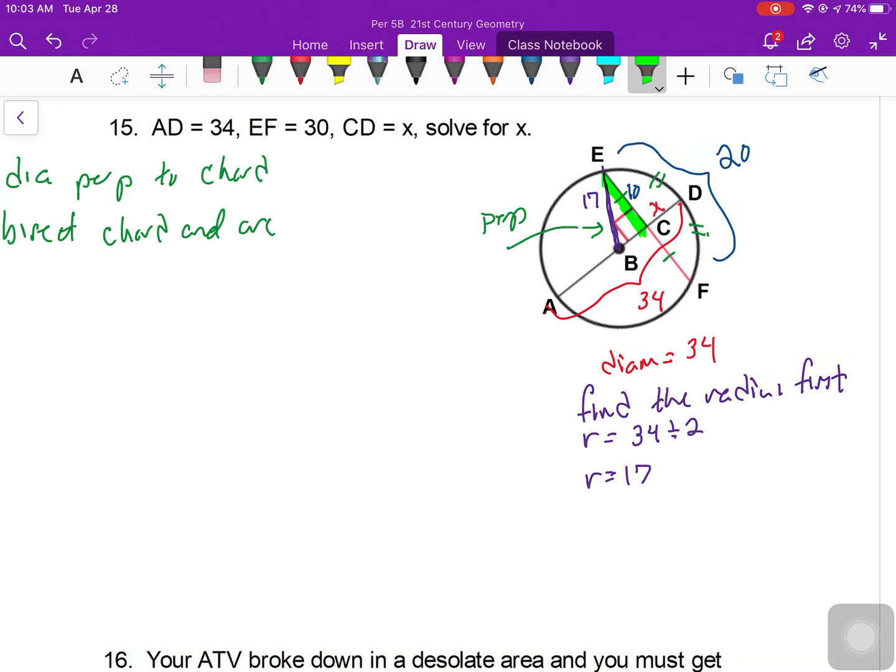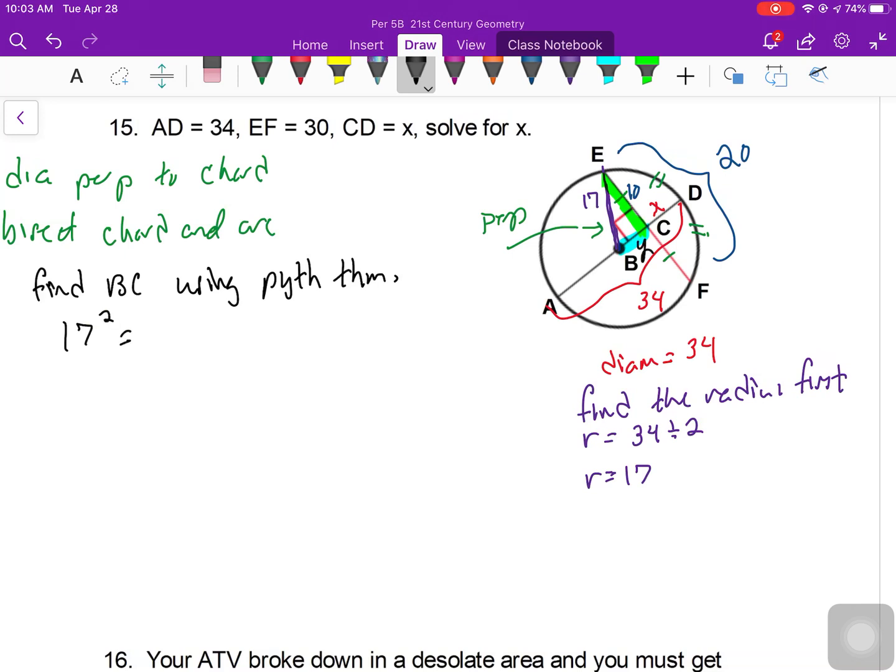From E to C. And all of that will allow me to find B to C. So our plan is to find B to C using the Pythagorean theorem.